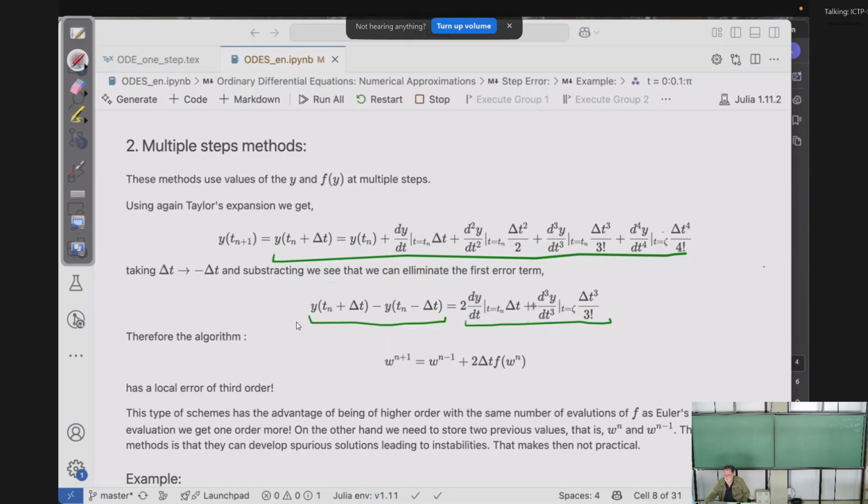So you see that the delta t squared is gone, so you have a method now, this one, where the error is delta t cubed. This is the error term, a term we are not considering.